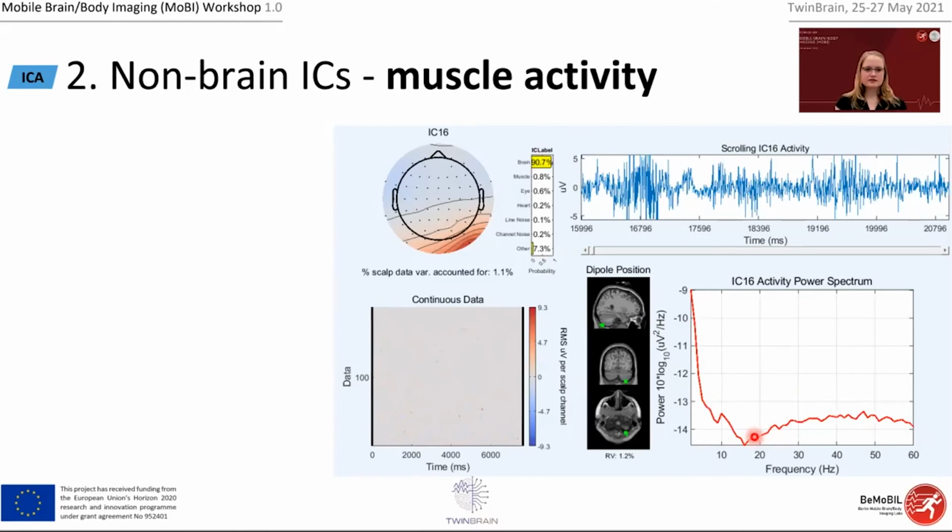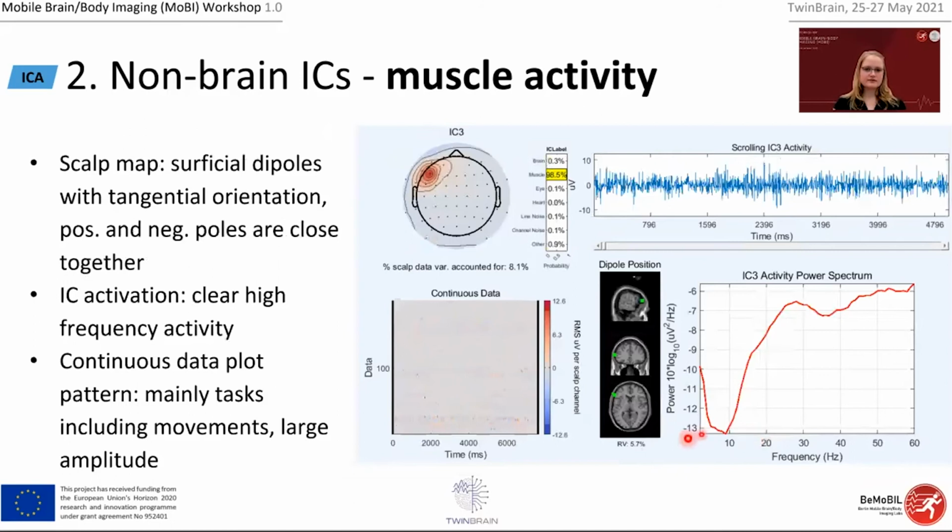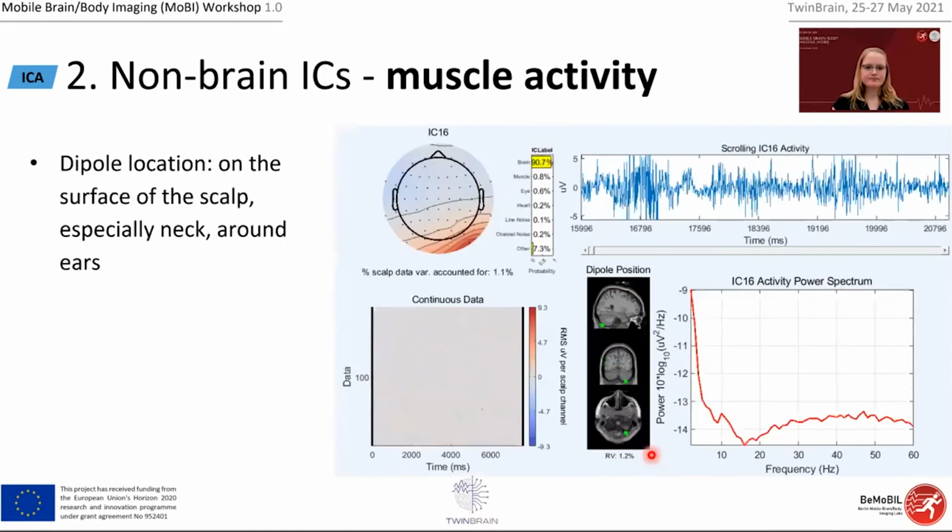And I think that was even clearer in this first example, where at about 15-20 hertz it just goes up and remains a plateau for the high frequency bands. So this is prototypical for muscle activity.